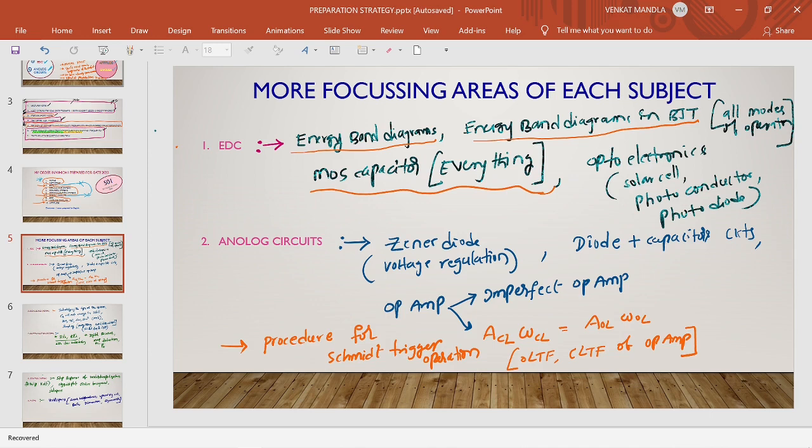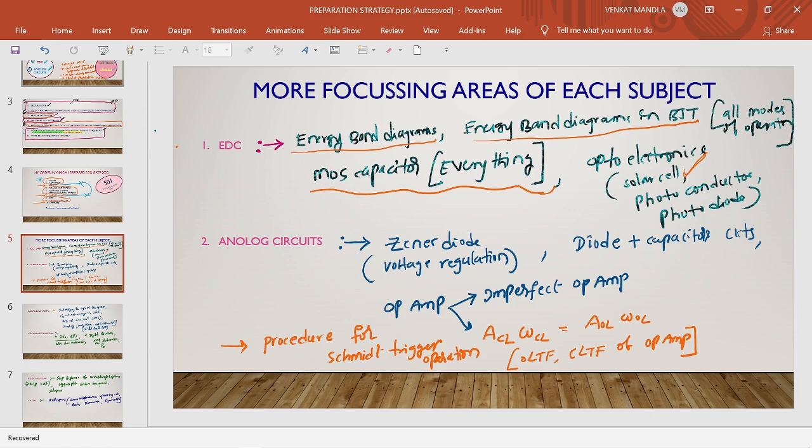The next focus area is optoelectronic devices like solar cell, photoconductor, photodiode, LED, and laser. The most focus is on the solar cell. In the solar cell we have a relation between fill factor, efficiency and maximum power.